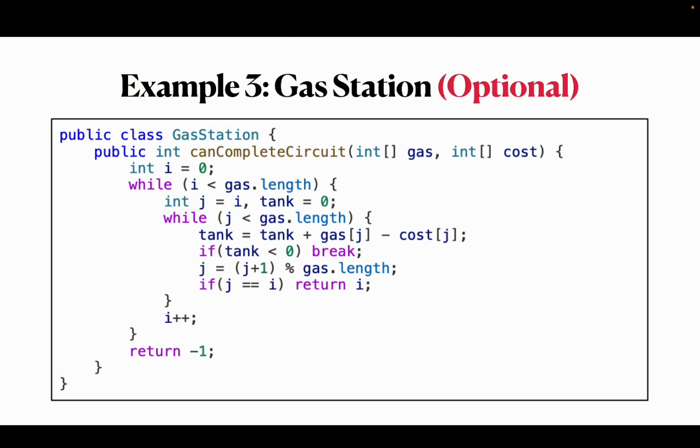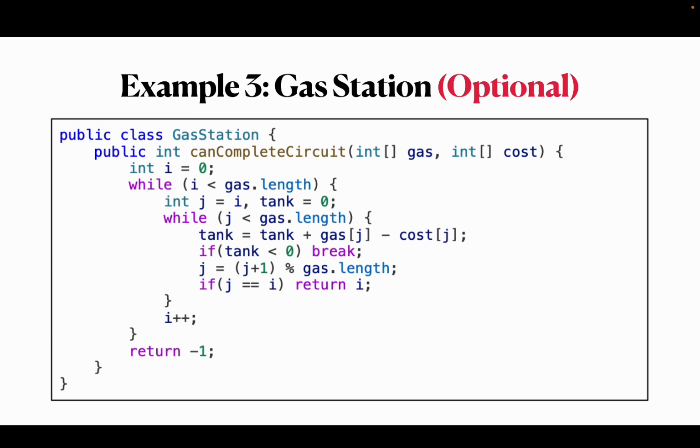Here is the Java implementation of this solution. We create a class called GasStation and a method called canCompleteCircuit. The input of this method will be two integer arrays, gas and cost, and the return of this method will be our starting index represented in integer format.